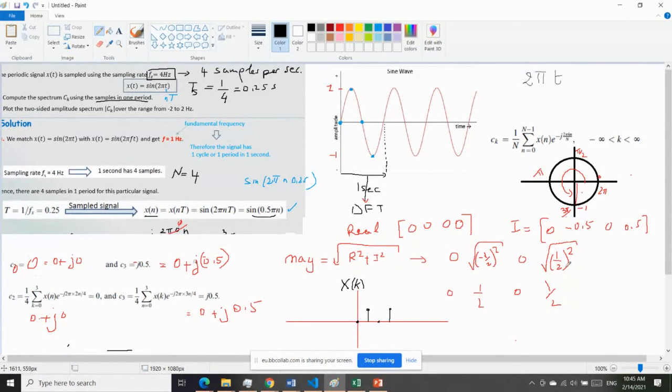And then you can also use the arctan function to compute the phase if you want, but the most important thing we always look for is the magnitude. Of course, since we said this is periodic, it will repeat, because we said it is sampled, so this is periodic, and these values repeat.